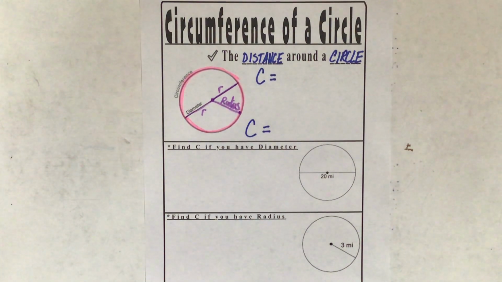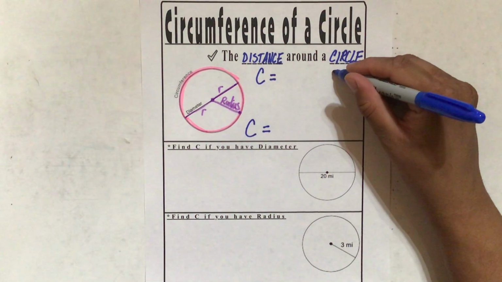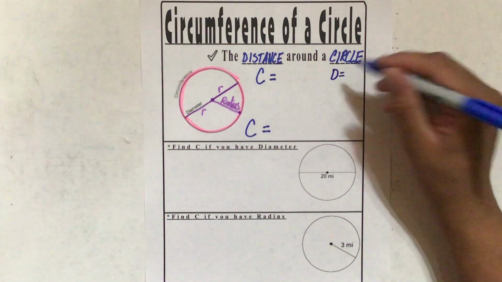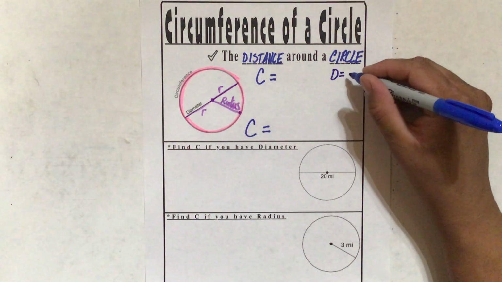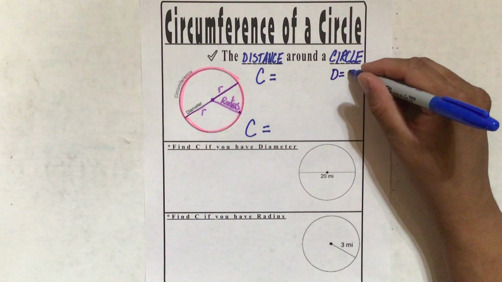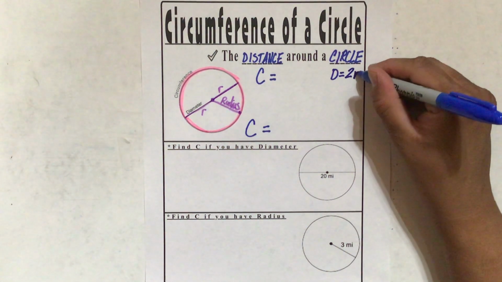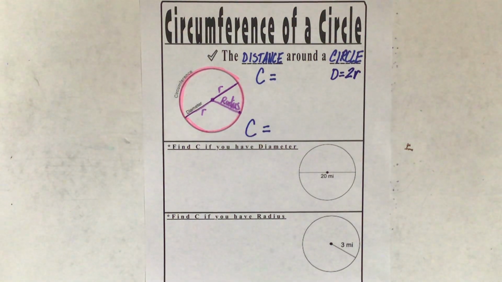So on a side note here, we're going to say diameter D is equal to how many r's? R plus r. Well, r plus r is just 2r. 1r plus 1r is 2r. So the diameter is equal to 2r, right?